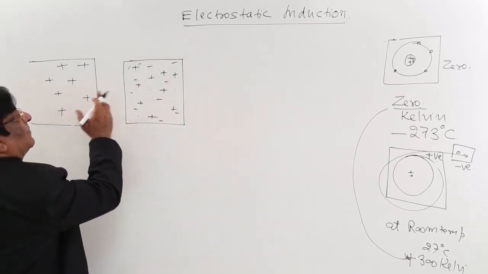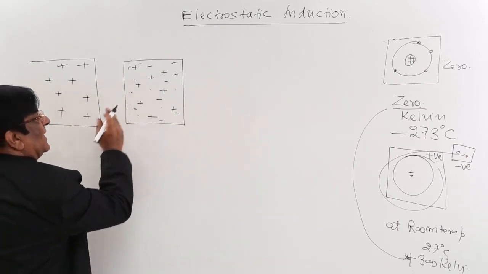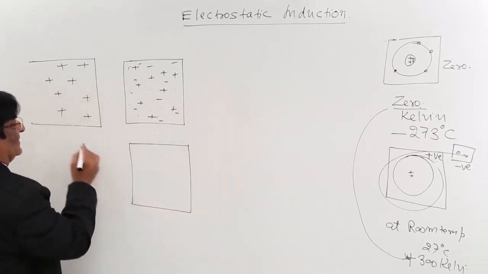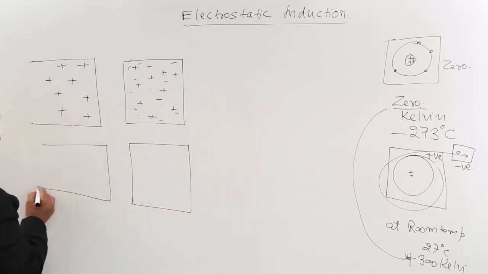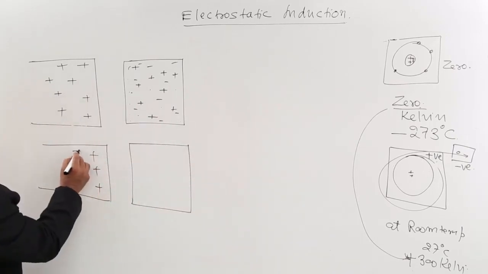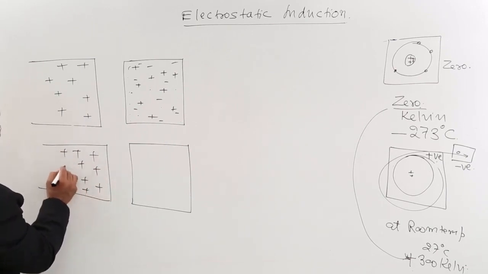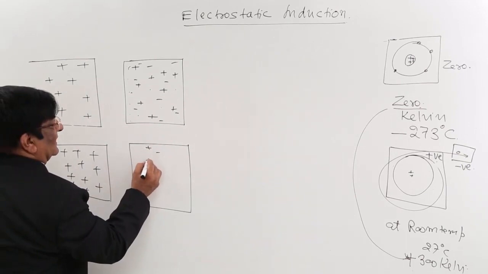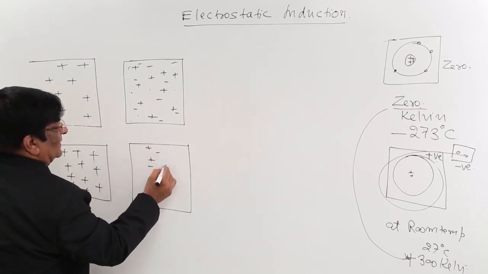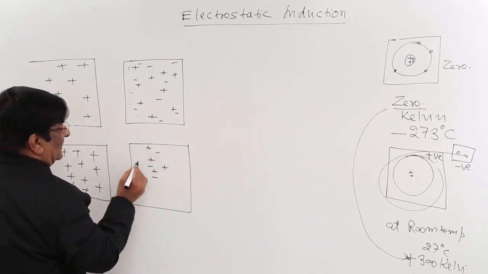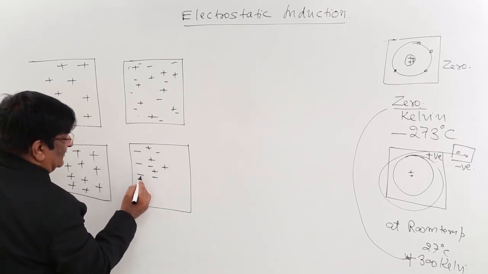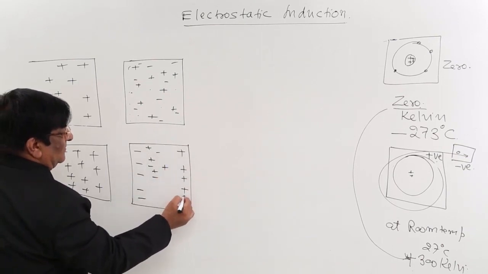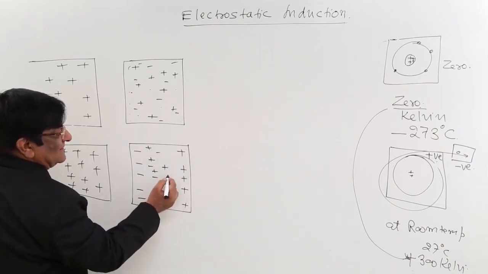Positive repels positive and positive attracts negative, and now we find it this way. This is our positive glass which has got excess positive charges, and what we find here is plus, minus, plus, minus, all these are there, but in this one corner negative, and in this one corner there are excess positive charges.